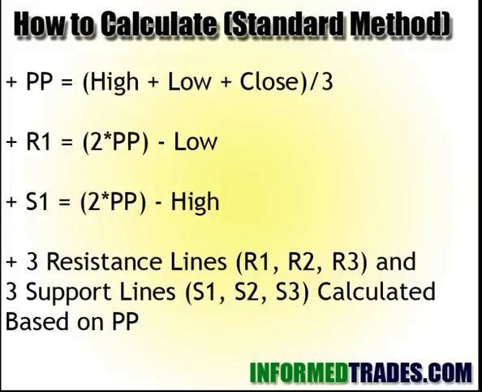That's your pivot point, and from that number you can determine resistance and support levels. Typically, there are actually a number of ways of calculating pivot points, but what we'll focus on in this video is the standard method that's most commonly used. Once you've calculated the pivot point, you can then derive 3 resistance levels and 3 support levels based on that pivot point.